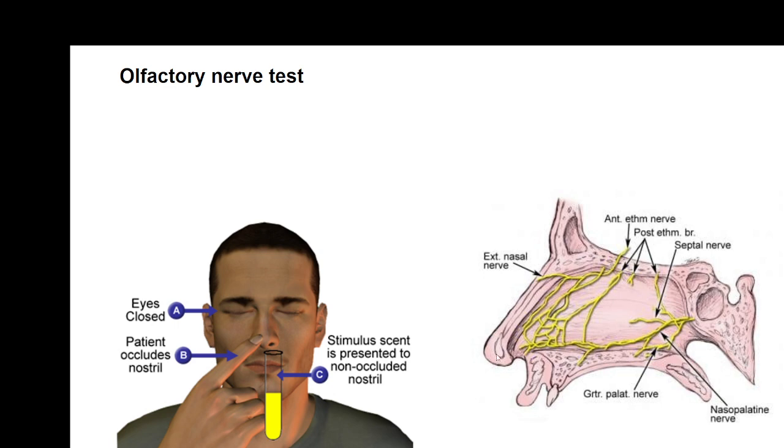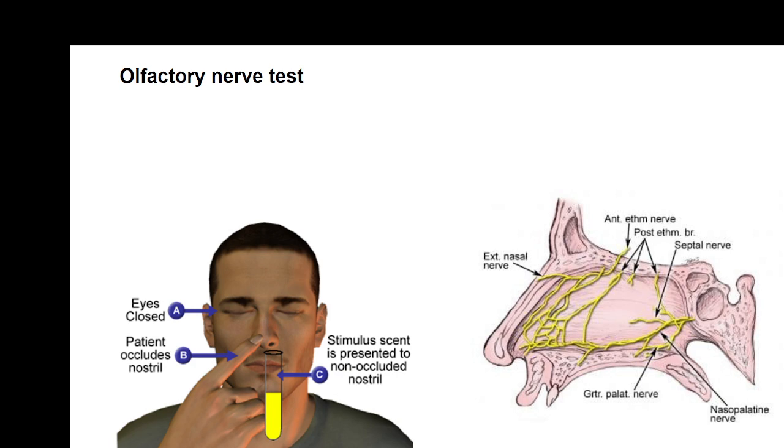Of course, if there is an abnormality of the smell perception, the abnormality could be either at the receptor area, or at the conducting area, or at the higher center. Whether it is in the receptor area, the conducting area, or the higher area has to be differentiated based upon the other findings.